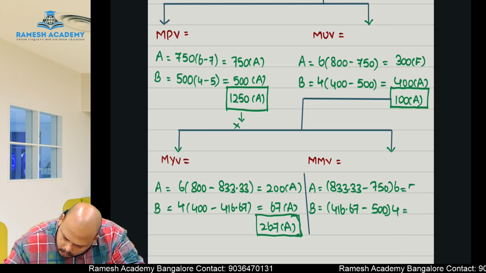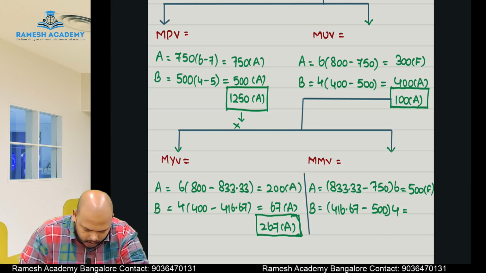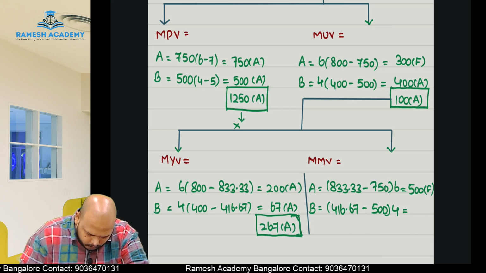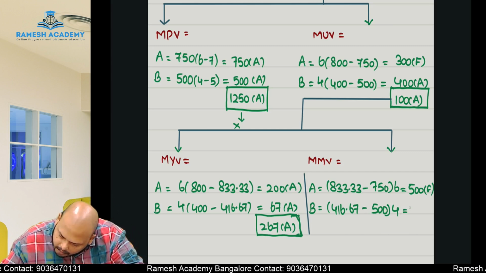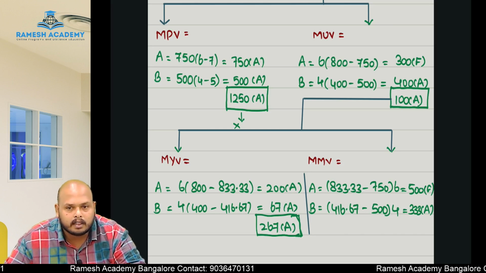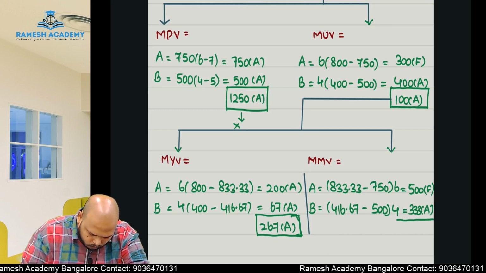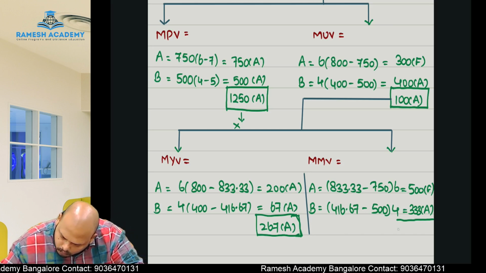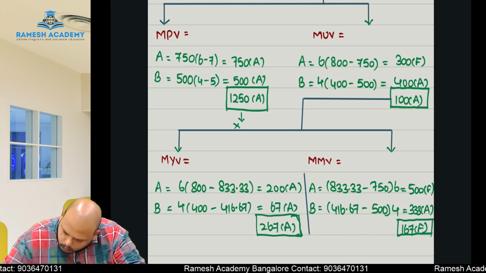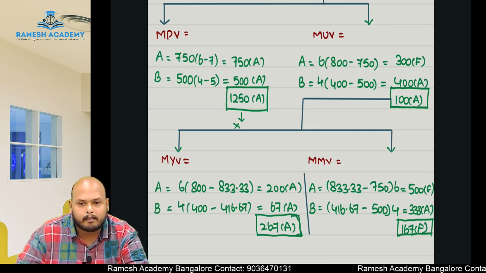So that is nothing but 500 favorable. 416.67 minus 500 into 4. That is nothing but 333 adverse. 167 favorable. Material mix variance.